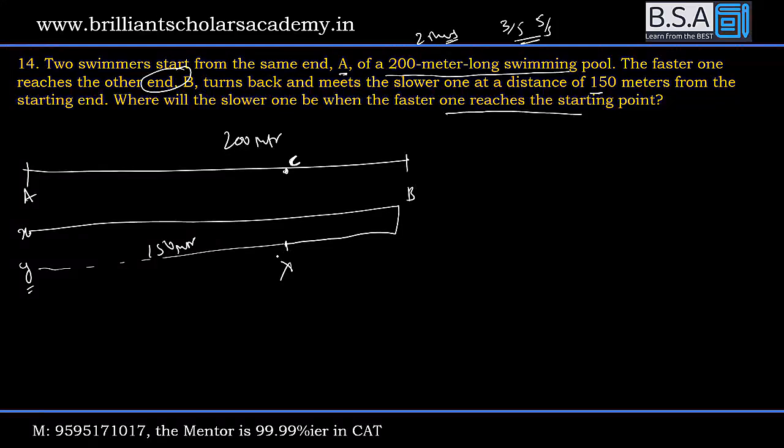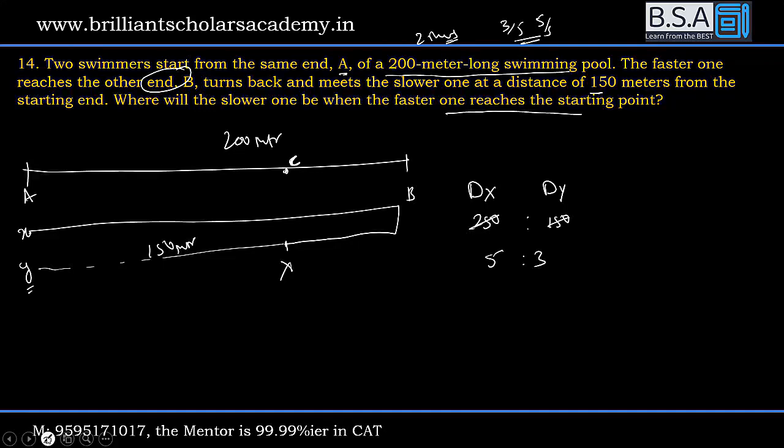So from here, you have already got the speed ratio. Distance traveled by X is 250. Distance traveled by Y is 150. The speed ratio is 5 by 3.